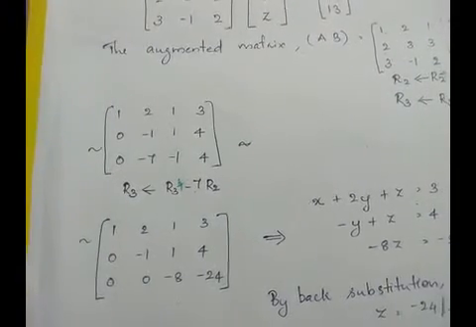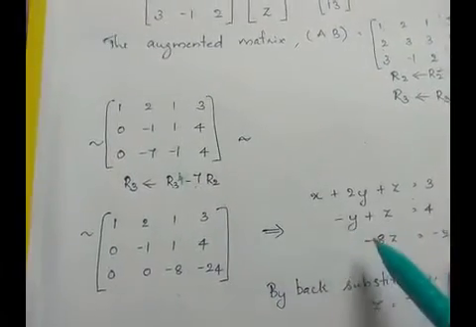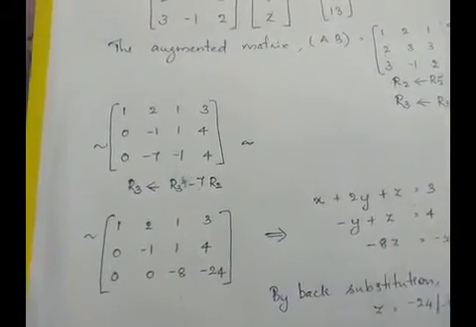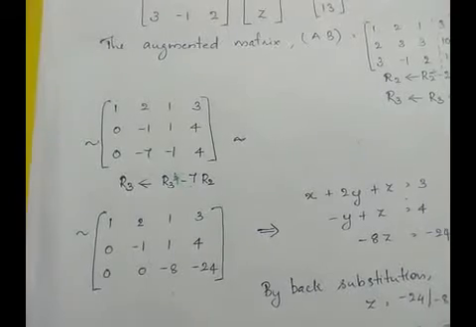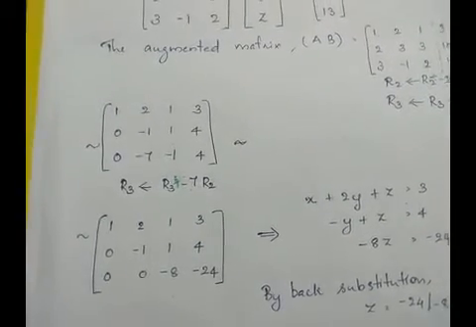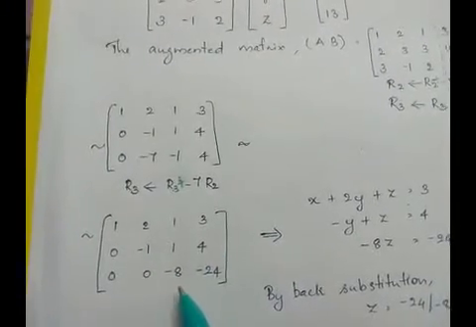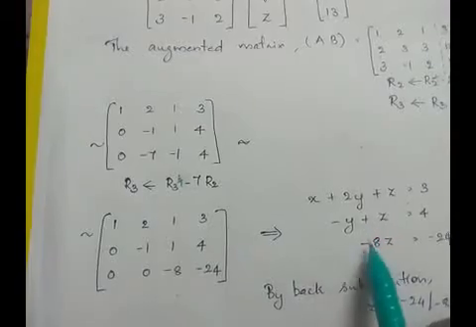The next step is to represent this matrix in the form of equations. We started by converting the given equations to a matrix, and at the end, after converting the matrix to an upper triangular matrix, we will be representing that as equations.